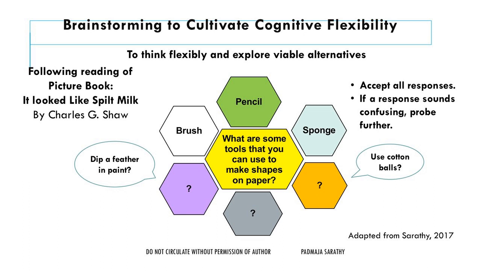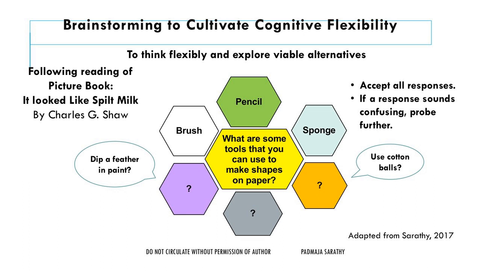And following that story that I mentioned, It Looked Like Spilt Milk, what you can do is have them come up with some tools that they can use to make shapes on paper. What can you use? Can you use a feather duster? Can you use a sponge? Can you use a washcloth? Let them come up with different things.